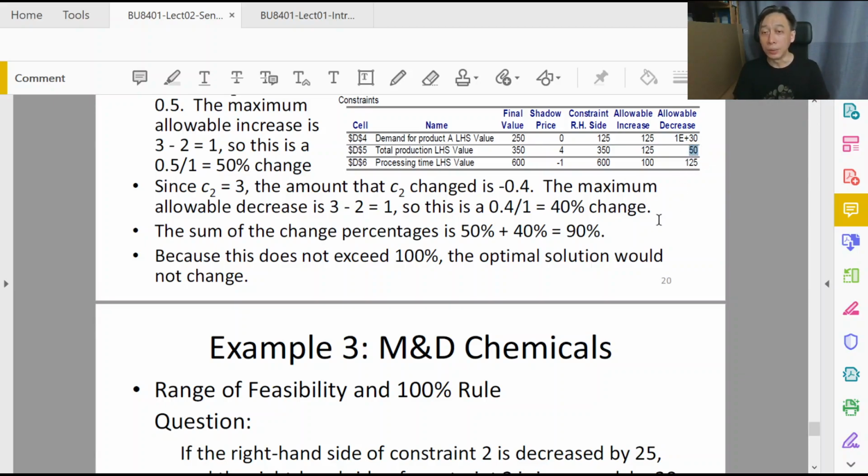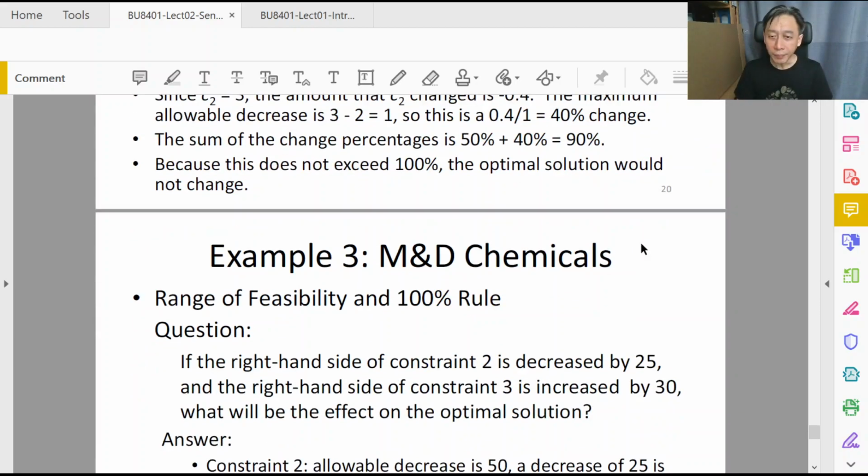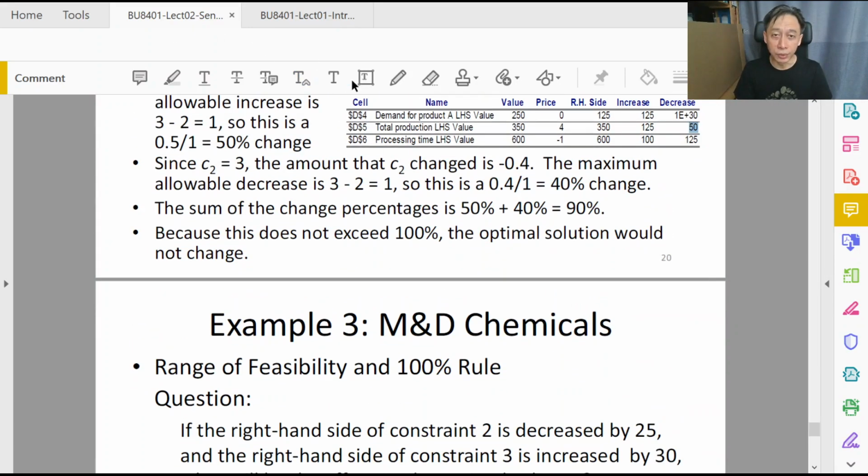Okay, so currently 350. Let's just introduce a box here. So currently we have 350. We propose to change by 25, and so the change is 25 out of a total of 50.